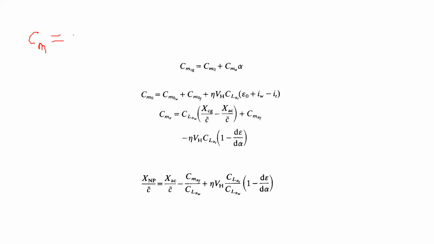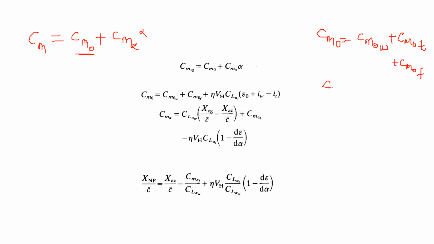Pitching is always longitudinal actually. So you write down the effect from all the components. Now this CM naught has contributions from the wing, CM naught from the wing, CM naught from the tail, of course from the fuselage, and other surfaces if you have. But majorly you have these three surfaces.